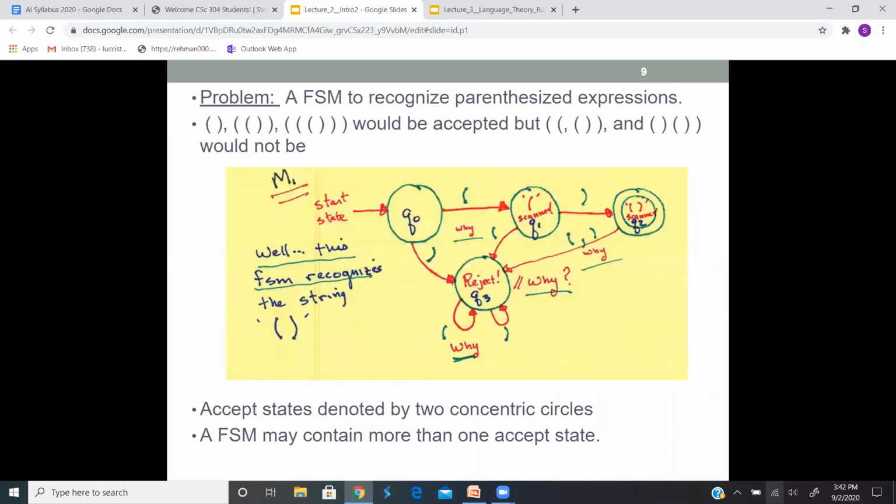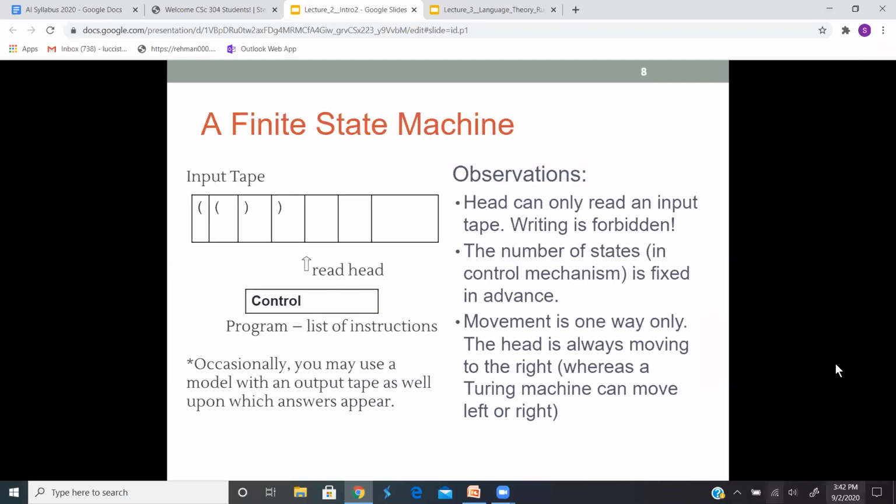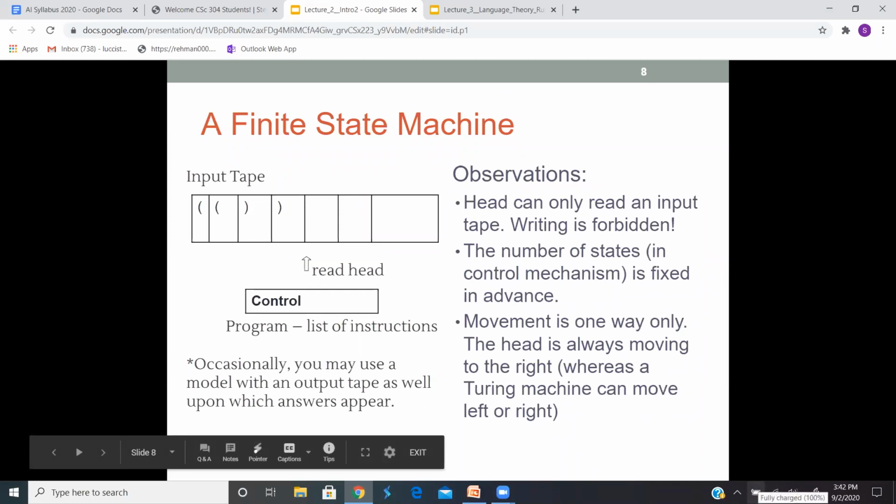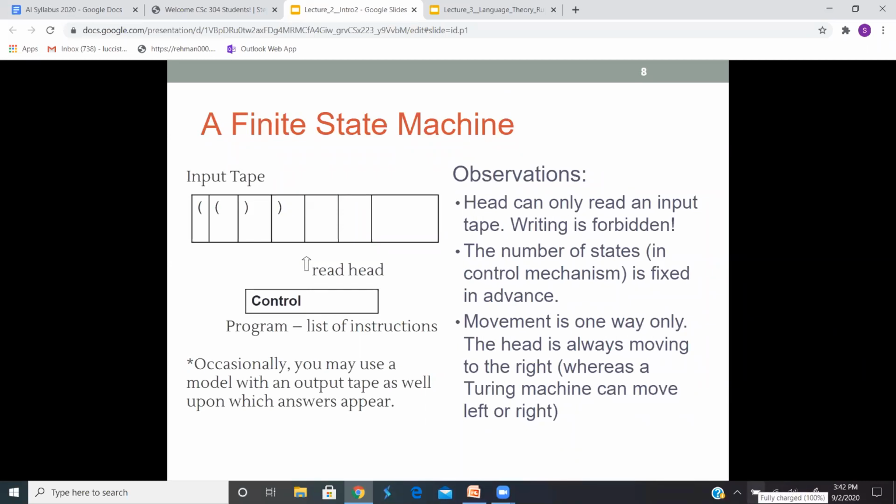Okay, movement is in one direction only. The head always moves to the right, but a Turing machine can go left and right. One more thing. I used to talk about a two-way finite state machine.